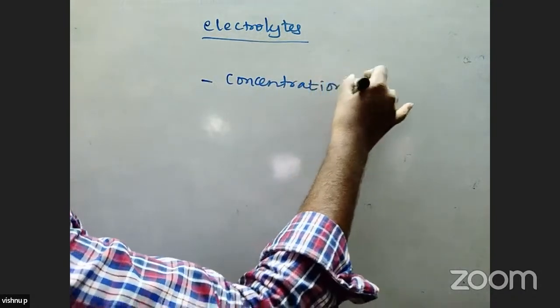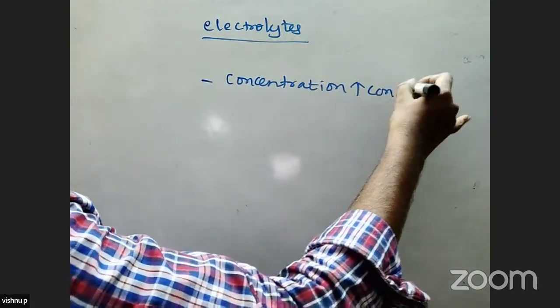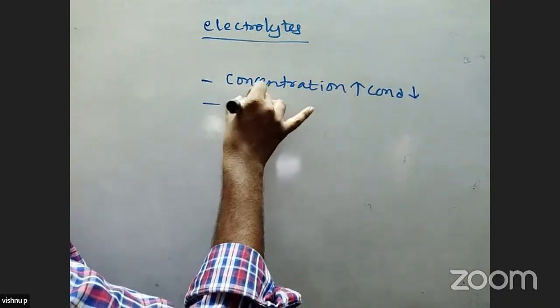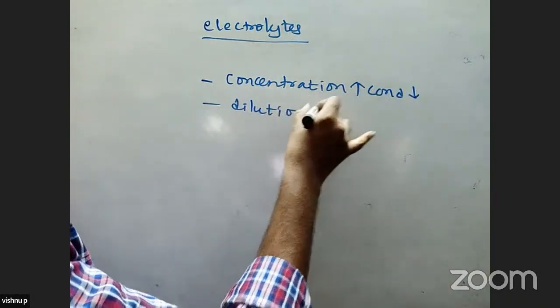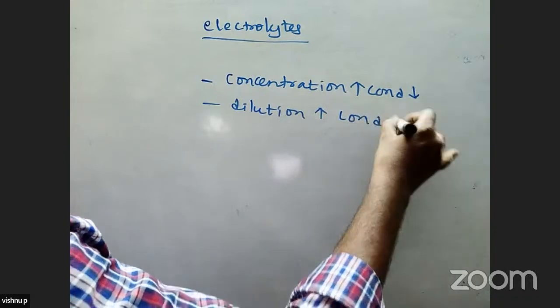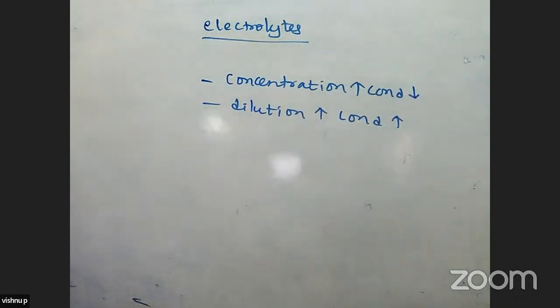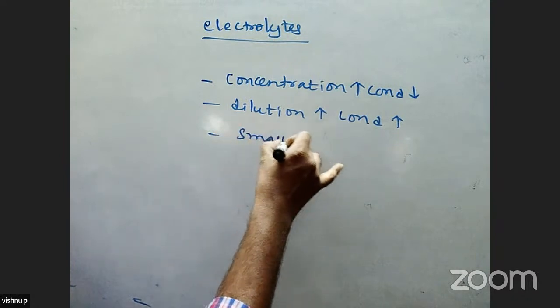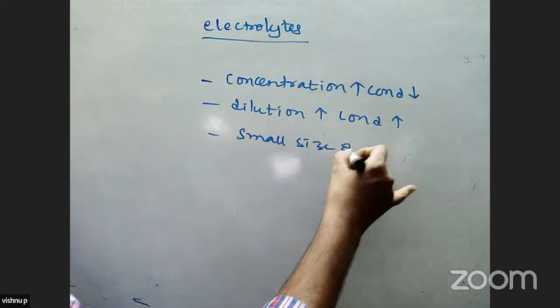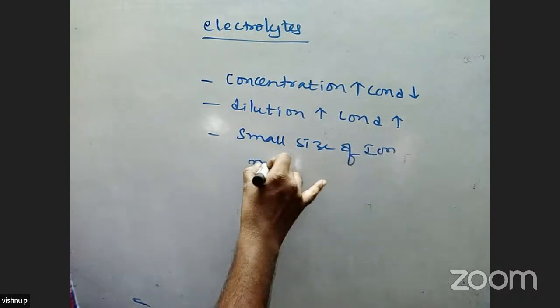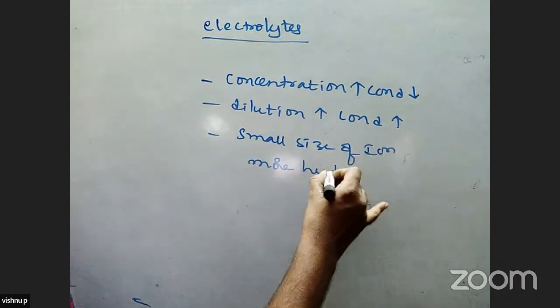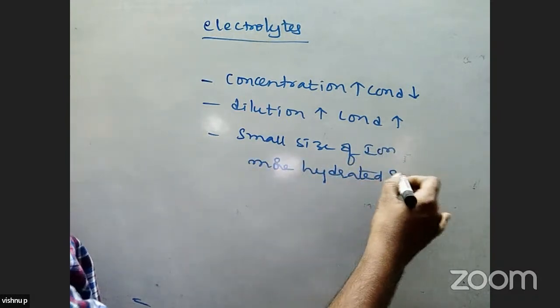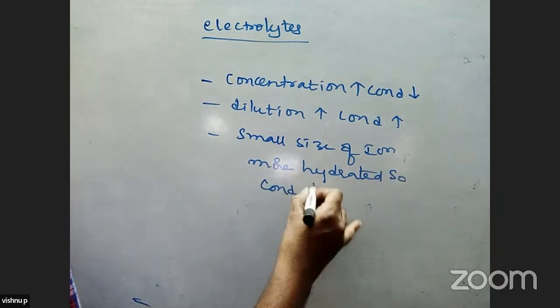As concentration increases, conductivity decreases. As dilution of the electrolyte increases, conductivity generally increases. Next is the size of the ion: the smaller the ion, the more hydrated or solvated it is, so conductivity decreases.